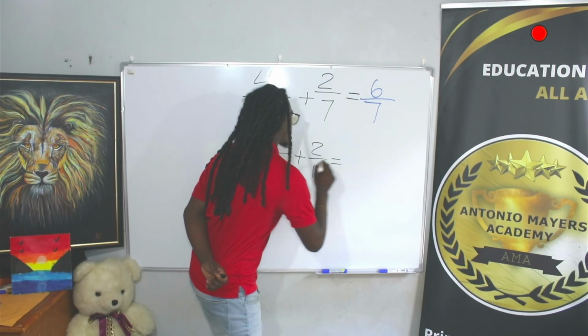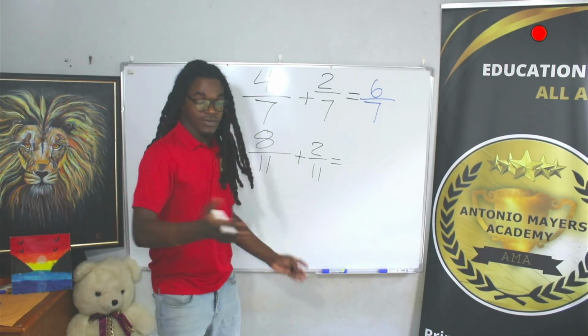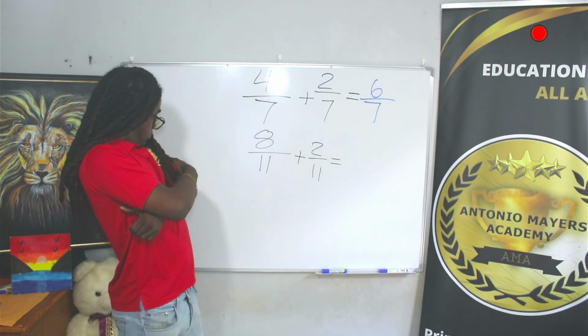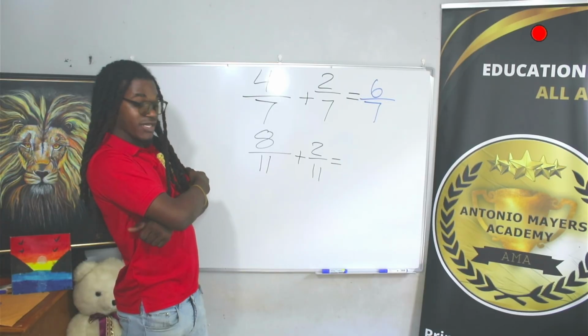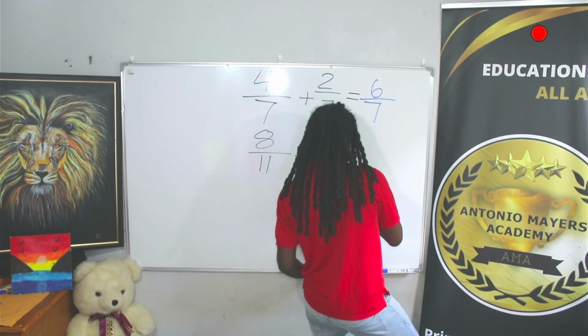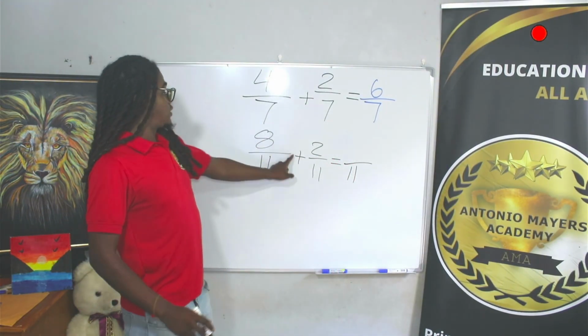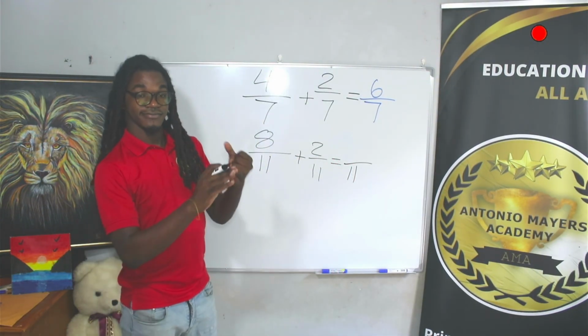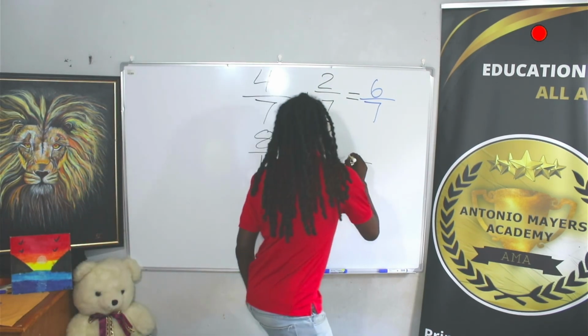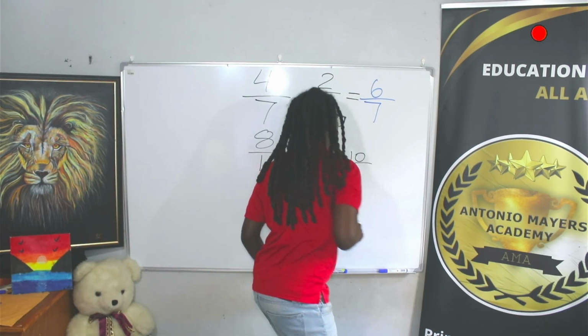Okay, so what do we do? We watch it. It had the same denominator. So we put back 11 here one time. So that's 11 on the bottom, and then we say 8 plus 2 is how much? 10. So the answer is 10 over 11.